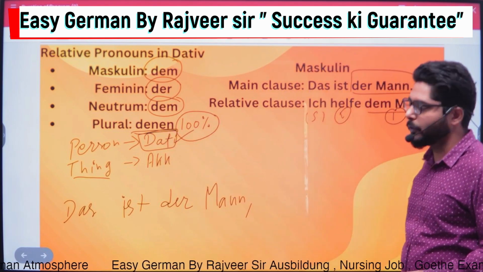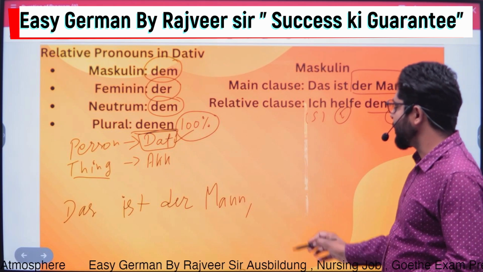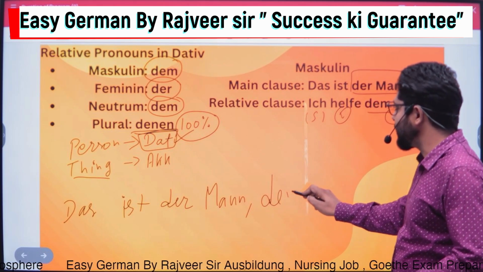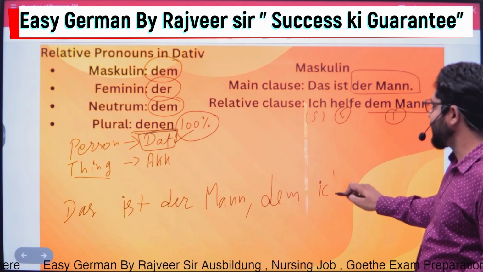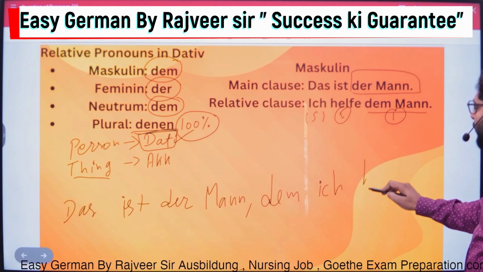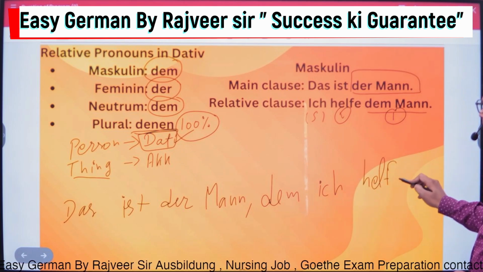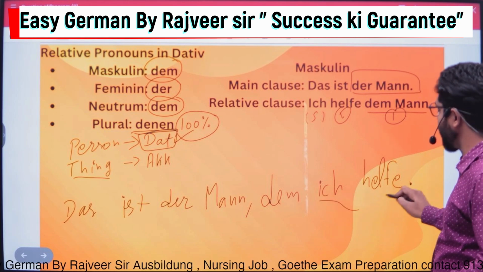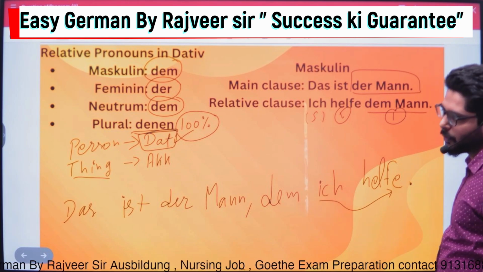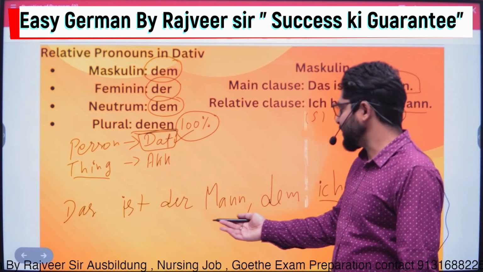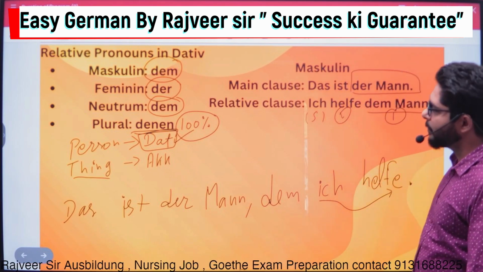Plural is totally new for you. So: Das ist der Mann, dem ich helfe. And what is the subject here? Ich is the subject, so the conjugation is exactly the same as we were doing in the accusative also.